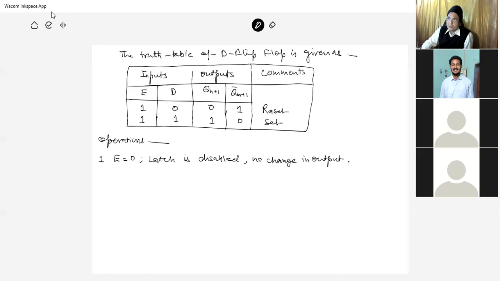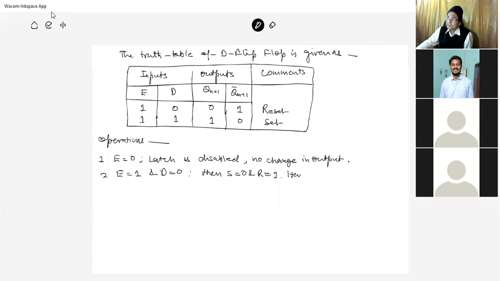Second, if E is equal to 1 and D is equal to 0, then S is equal to 0 and R is equal to 1.